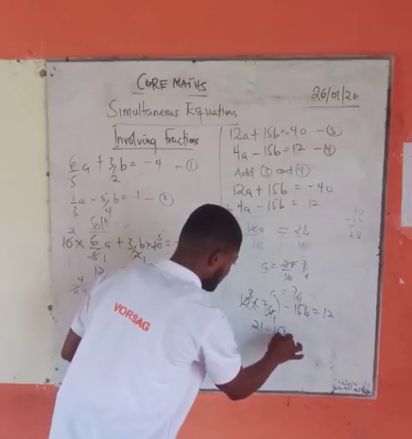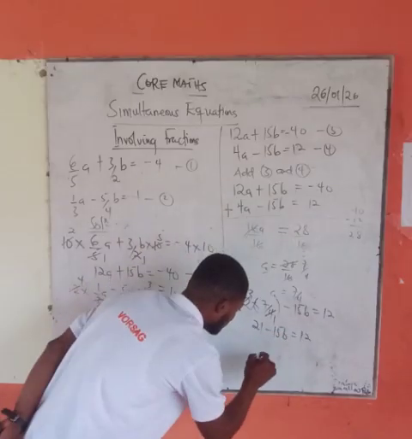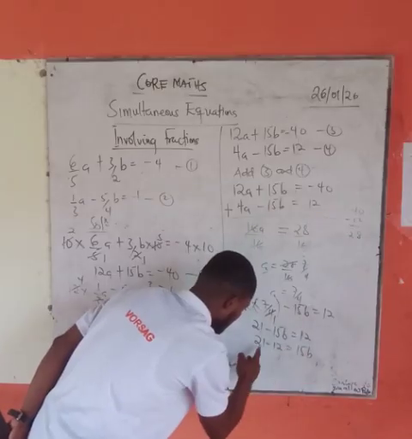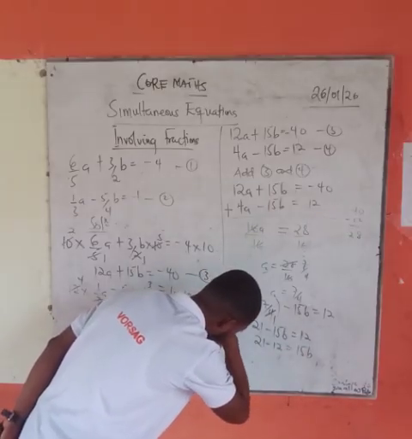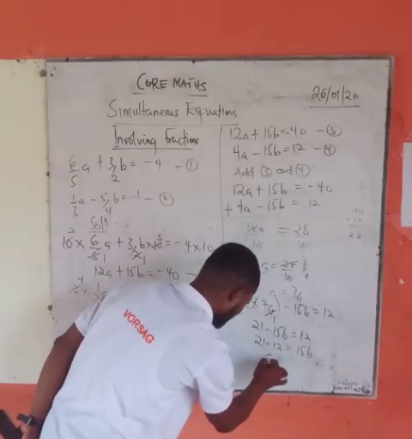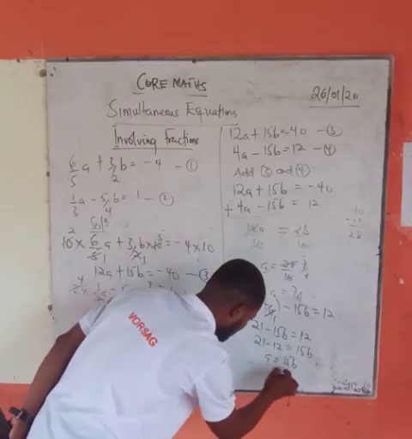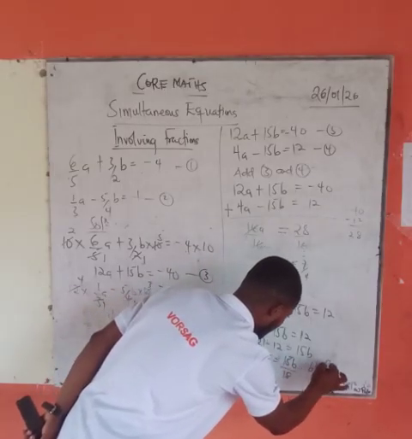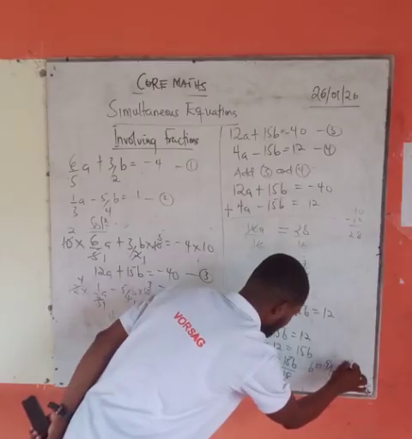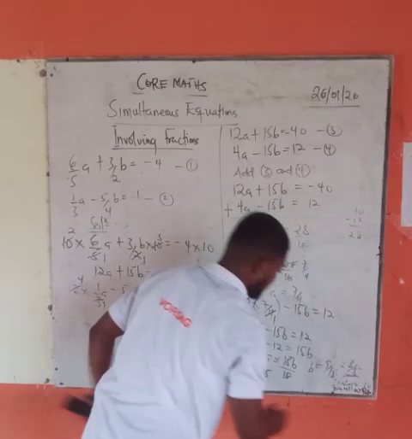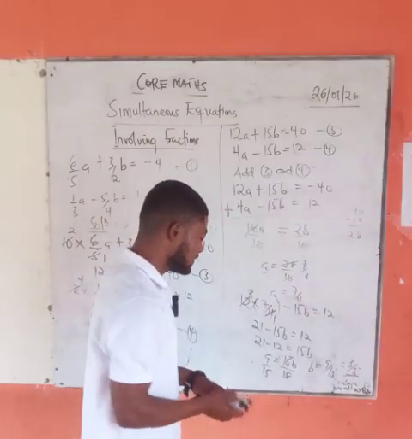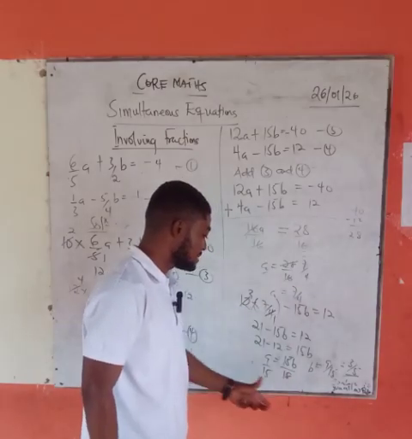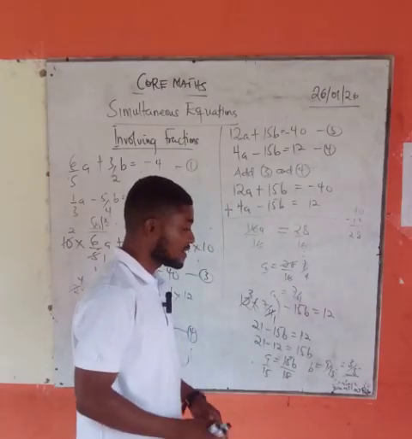Minus 15b should be equal to 12. 21 minus 12 should be equal to 15b. This is going to give us 9 equals 15b. Divide by 15, divide by 15. b is equal to 9 over 15, which is the same as 3 over 5. Okay, so we have the value for a as 7 over 4, and that of b as 3 over 5.